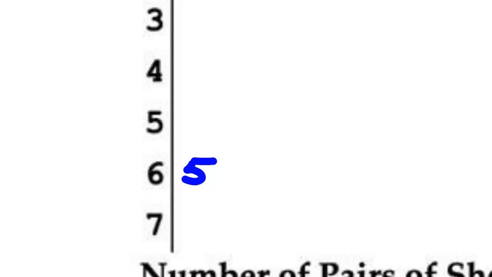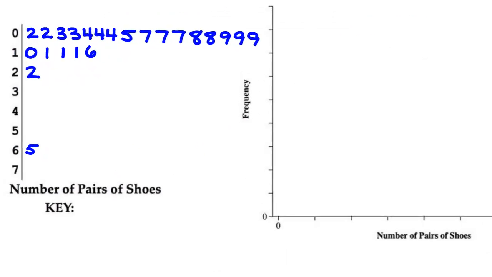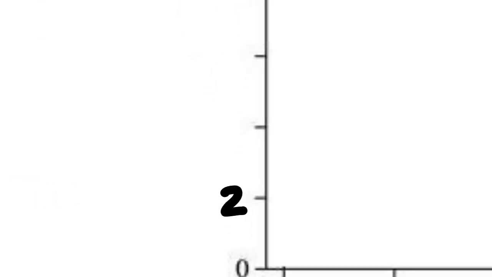You guys ready for the last one? All right. The last type of visual display is a histogram. So here's what our histogram looks like. Looks like here in this program, they've decided to count by 2s on that vertical axis so that I can fit all the information on.